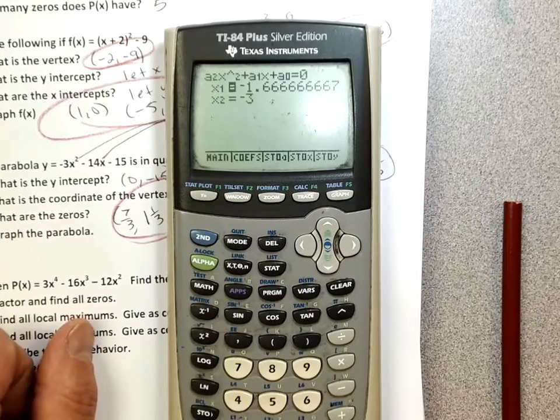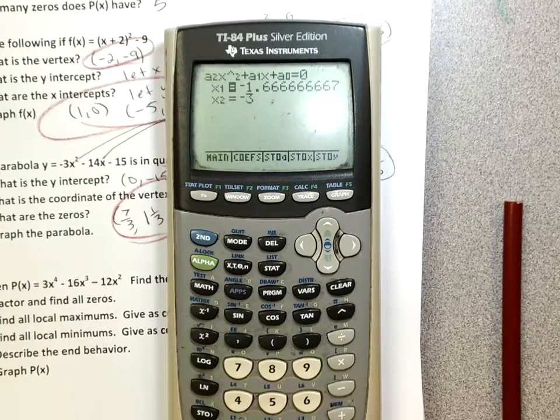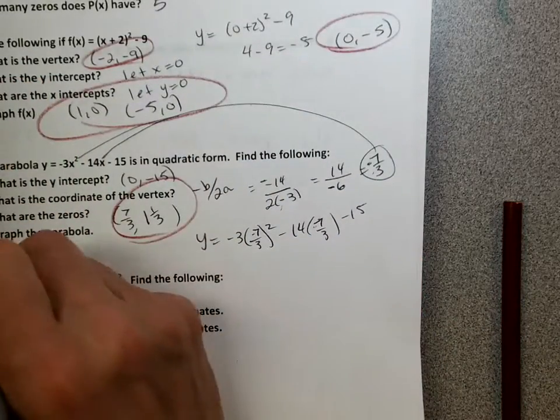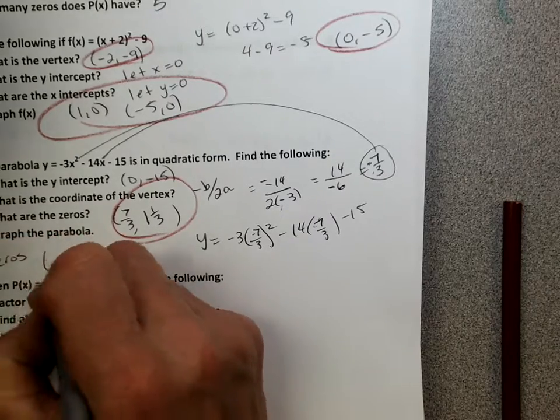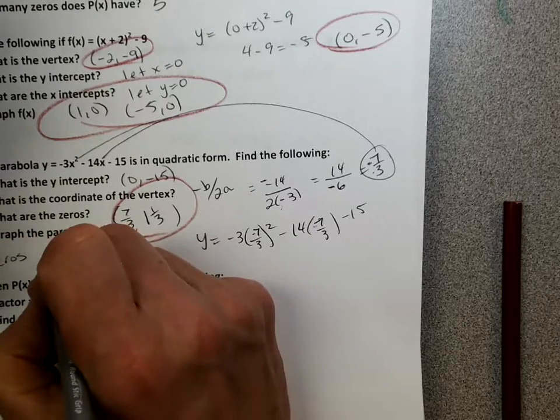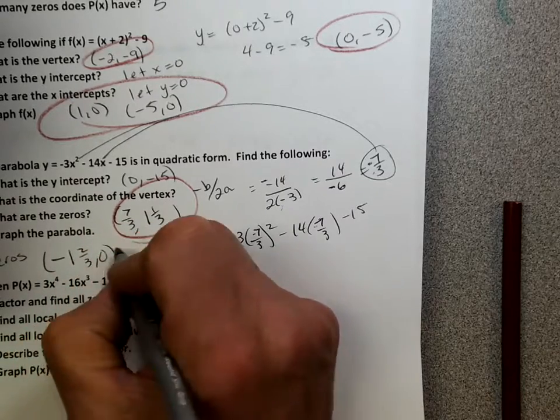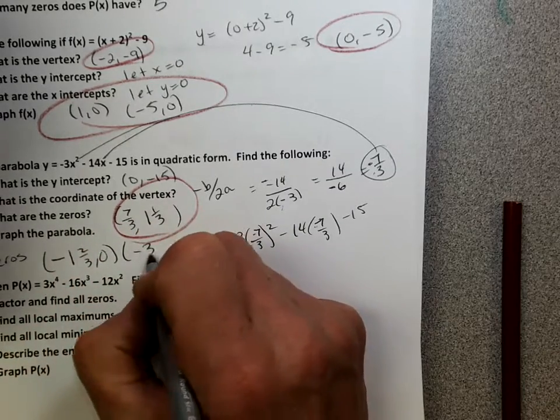It's negative 1.6 or negative 1 2/3, which means this thing would have factored. I purposely made it that way. So my zeros, according to my poly button, are negative 1 2/3, 0 and negative 3, 0.